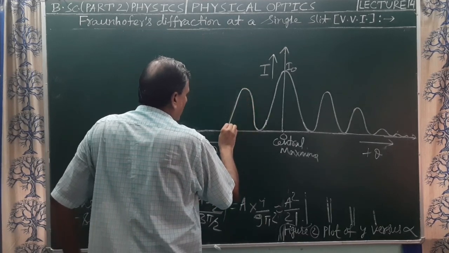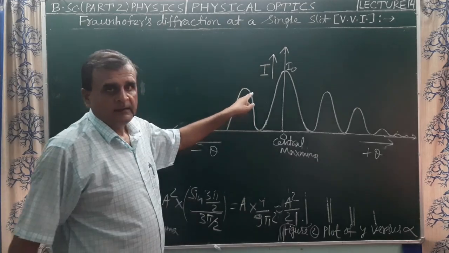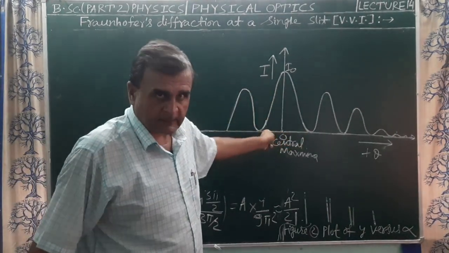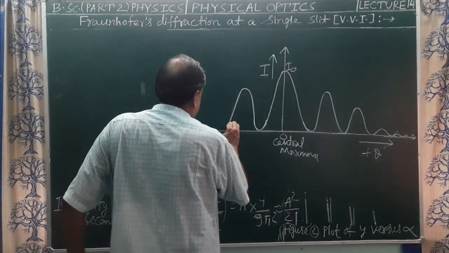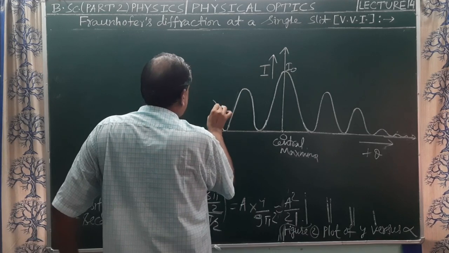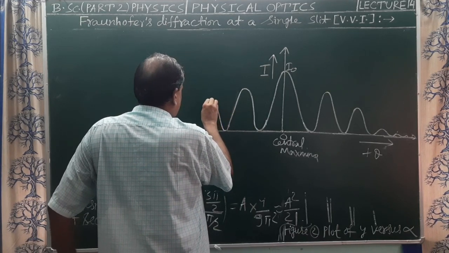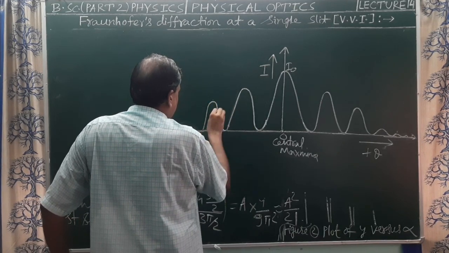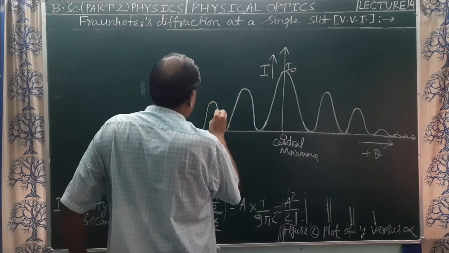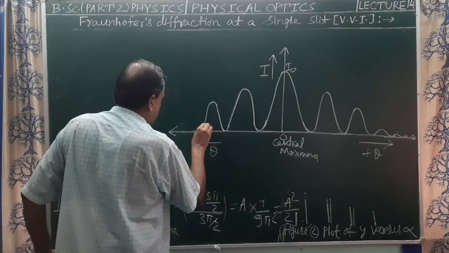This is then followed by the first secondary maxima on either side of the central maxima, and then the intensity of the second secondary maxima will be smaller than that of the first secondary maxima.